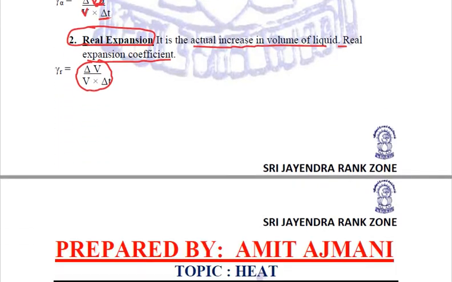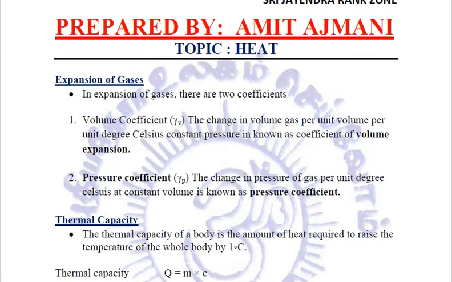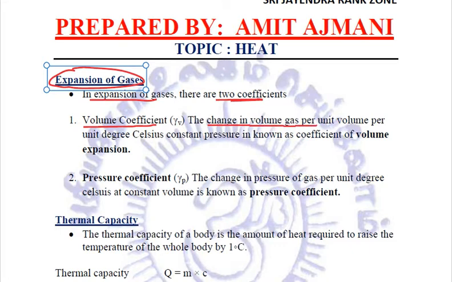Now let us come to the expansion of gases. When we talk about expansion of gases, there are two coefficients. One is the volume coefficient. What is the volume coefficient? The change in volume of gas per unit volume per unit degree Celsius at constant pressure.